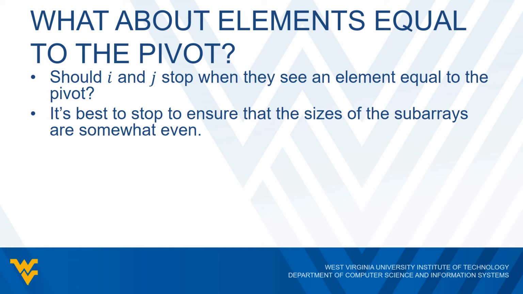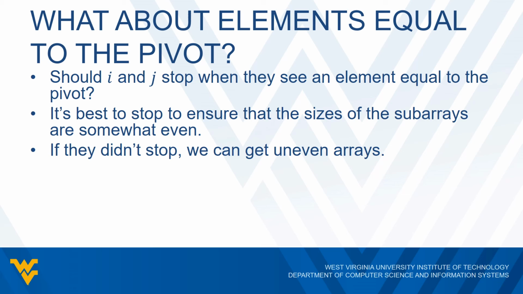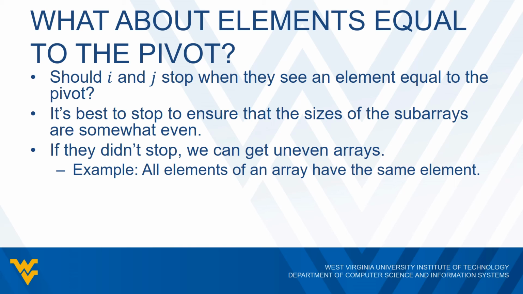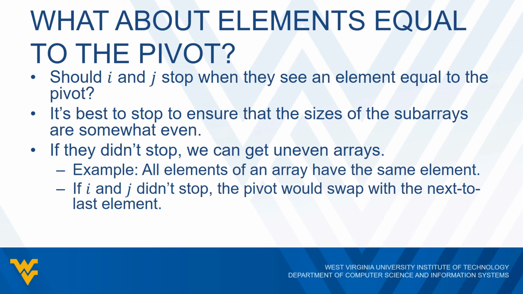Let's just suppose that we don't stop. It is possible that we can get uneven arrays. Let me give you an example just to give you an idea of what could happen. Let's say we have an array where all the elements have the exact same value. If i and j didn't stop, when we move i, it's going to go all the way to the end of the array. And then j would keep moving until it gets all the way to the other side of the array. So the pivot would actually swap with the next to last element.